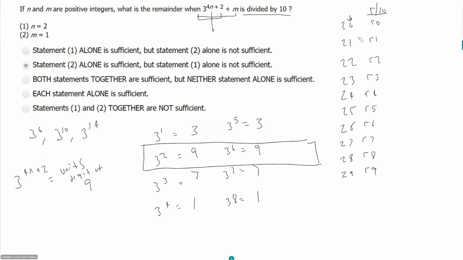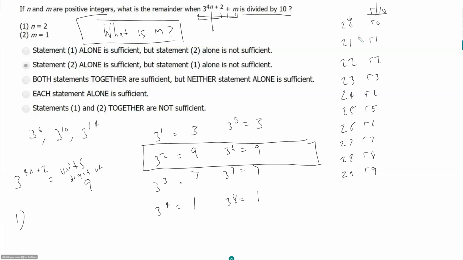And therefore, in order to get our units digit overall, we really just need to know m, or rather the units digit of m, although I'll take the whole value for m as well. So based on this, we rephrase our entire question: what is m? Or if we wanted to, what is the units digit of m?